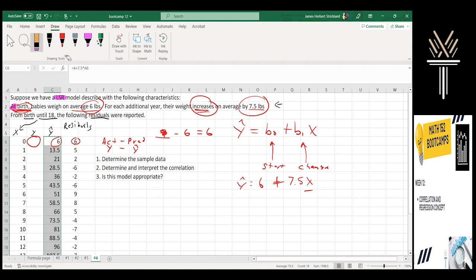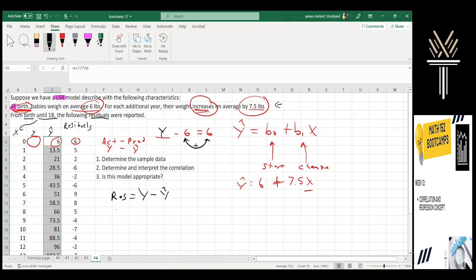So we might remember from our algebra days, if we want to find some mystery number, we can get there by just working backwards. If we just add these two things up, we can get our actual value. So that's an important other equation. We know then that residual is y minus y hat.